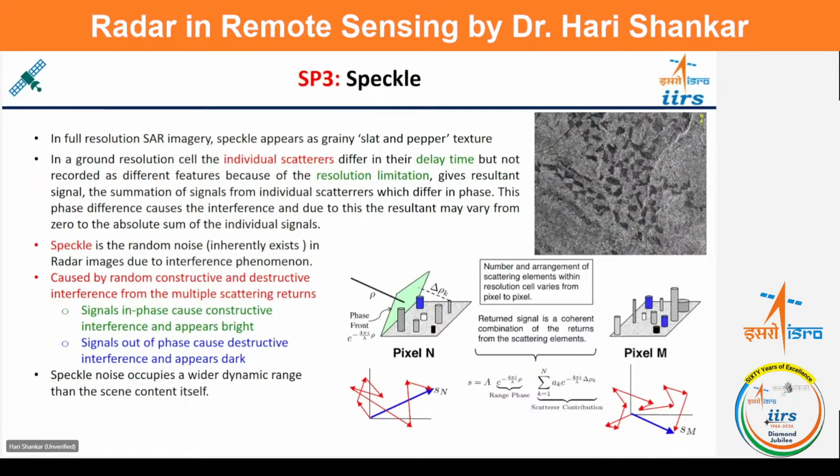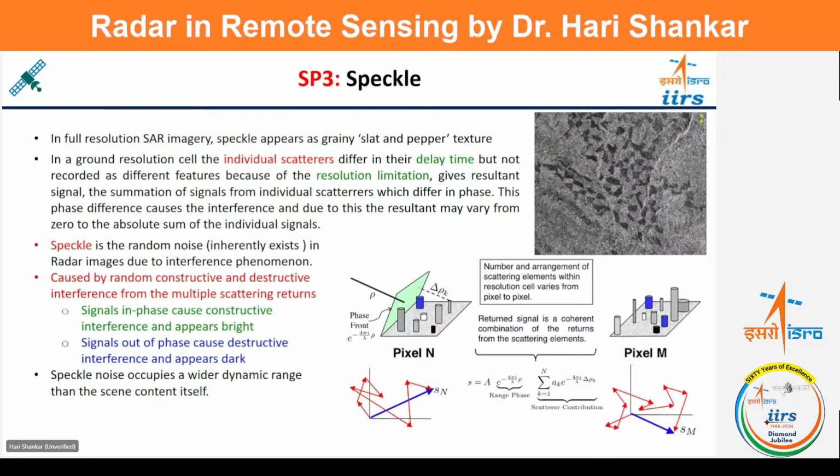And how is this noise developing? It is because of interference within the resolution cell. Suppose in one pixel or resolution cell, multiple signals are coming and going, and they are mutually interfering with each other. Because of the interference, somewhere the intensity increases from the actual intensity. Suppose the actual intensity is 50, but because of constructive interference it becomes 80.